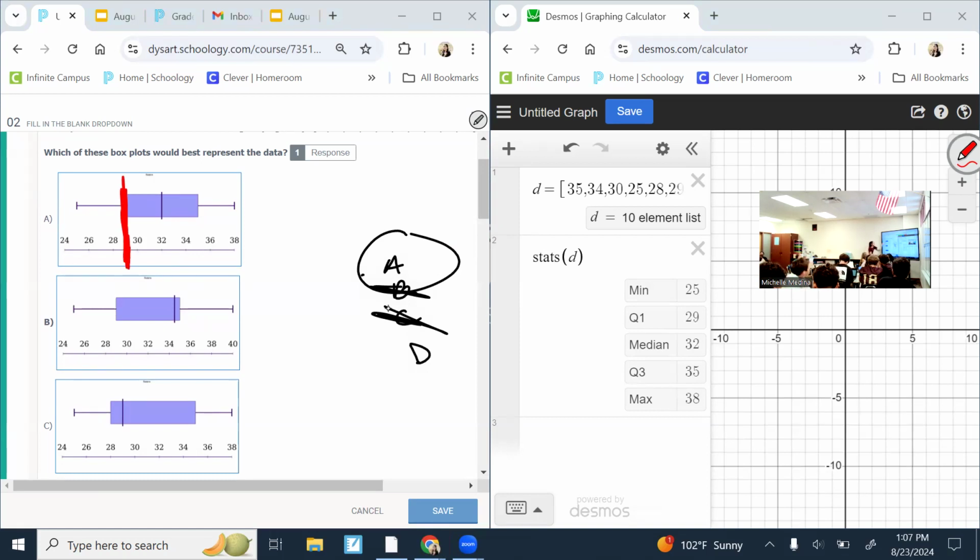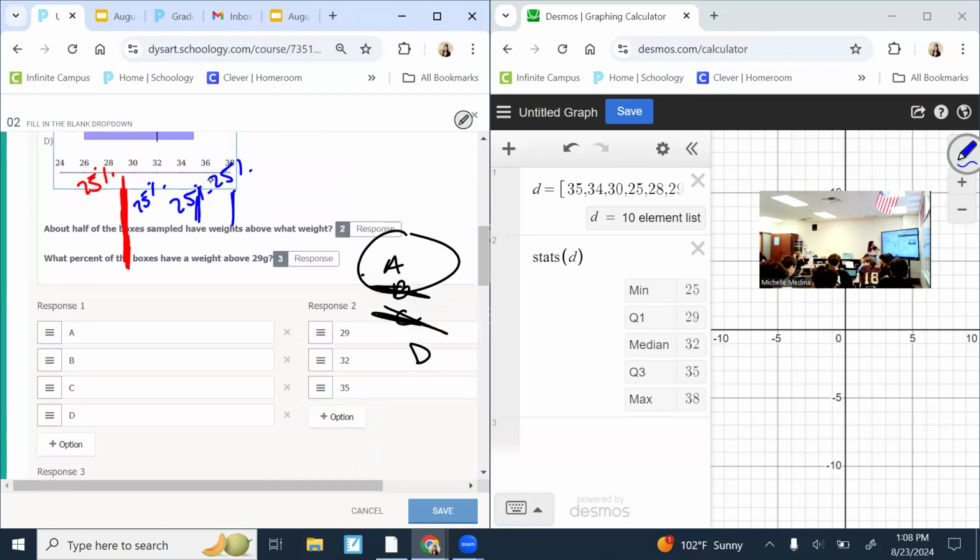What percent is more than 29? 75%, because remember your quartiles divide your data into quarters. So here's my first 25%. Here's my second up to the median. Here's my third, and then from here to here is my fourth quarter of my data. So more than 29 would be here, so 75%.